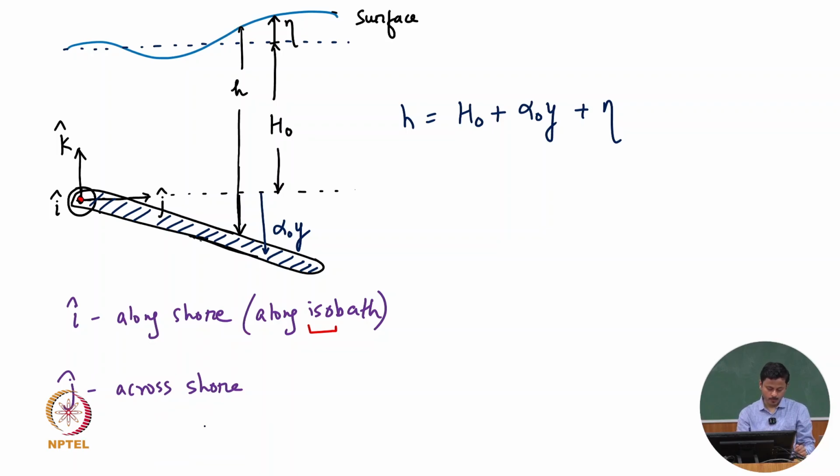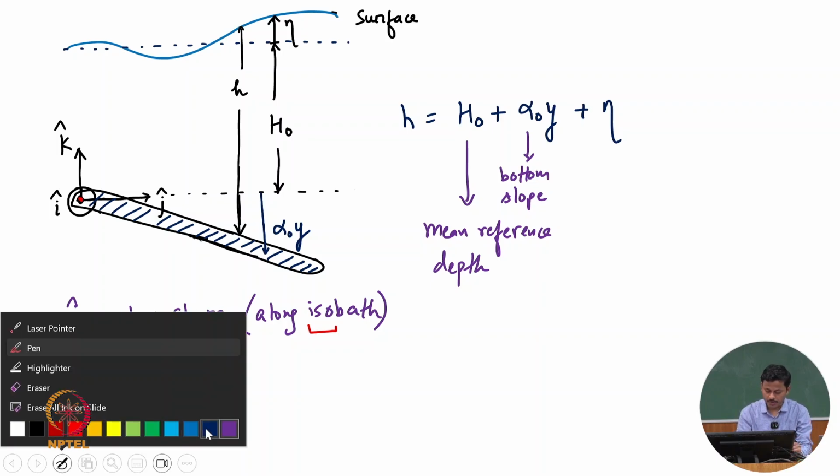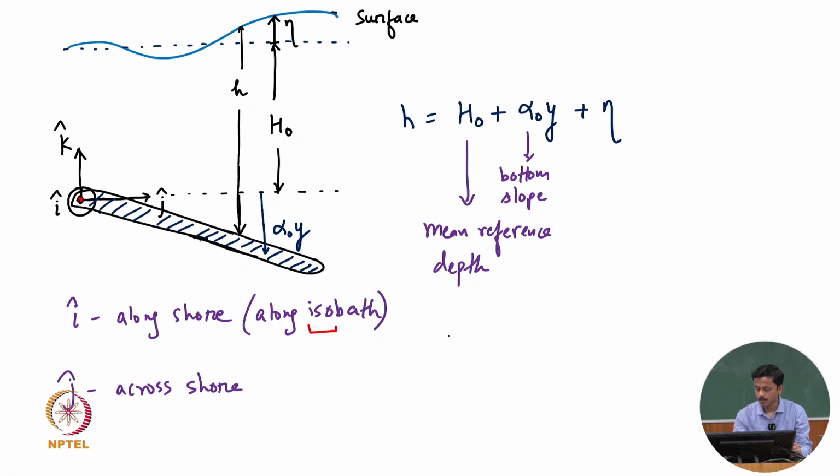Okay, so h naught is the mean reference depth. Alpha naught is the bottom slope. Eta is the free surface displacement. The bottom slope is assumed to be gentle, and this is what we started with.